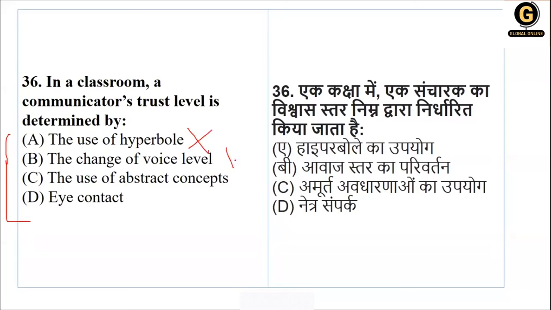Change of voice level, no. They want your voice level to know when to go higher and when to come lower, but frequent changes will not be accepted. Trust will not be there. Use of abstract concepts, they are very difficult to judge, so no. So how will you create trust? A confident eye contact, a proper eye contact will give you the trust level. Okay, so option number D is your right answer.